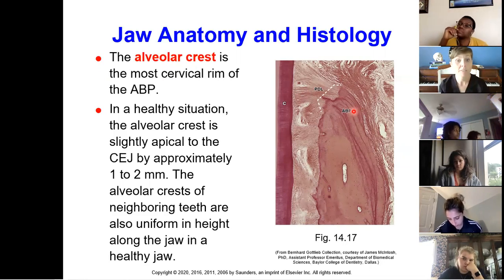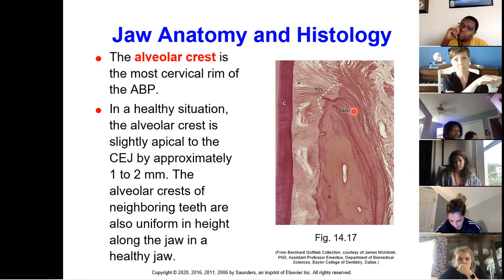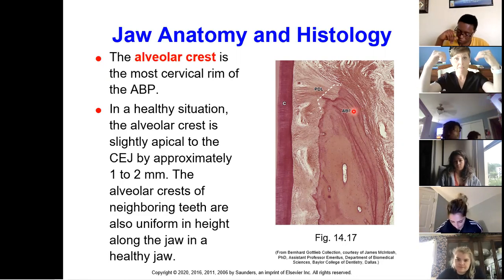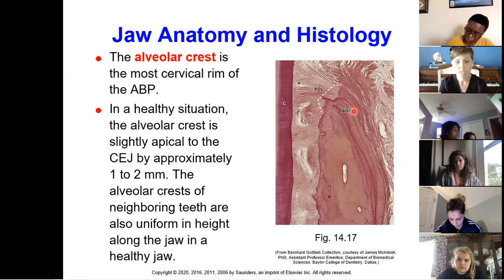The alveolar crests of neighboring teeth are also uniform in height along the jaw of a healthy jaw. You can totally have generalized horizontal bone loss, where you start to see a flattening out of that alveolar crest in between all the teeth. So, any questions so far about the alveolar bone proper?